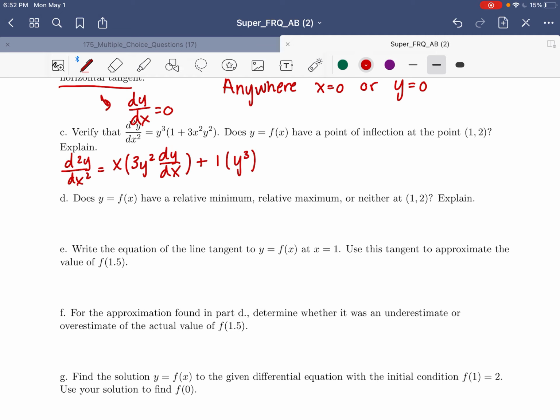And then I need to replace dy/dx again. So this is really going to equal x times 3y squared times xy cubed plus y cubed.